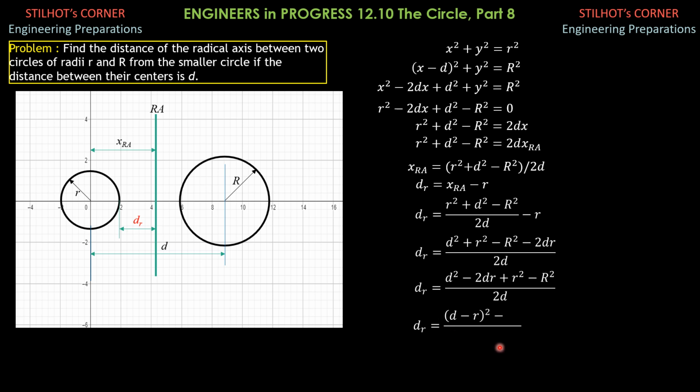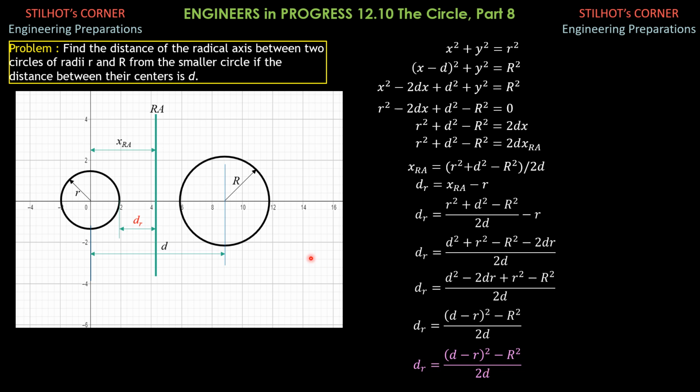So d sub r is equal to quantity d minus small r squared, minus big R squared, over 2d. And let's verify this by solving a specific problem.